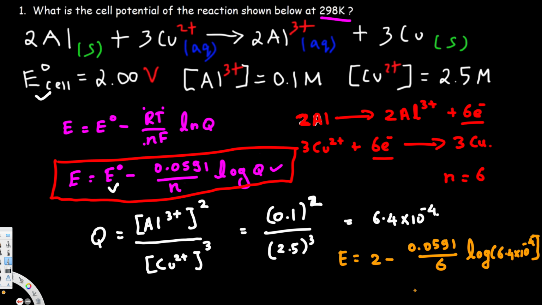And if you plug it in exactly as it is in the calculator, you should get 2.03 volts. So that's going to be the cell potential.